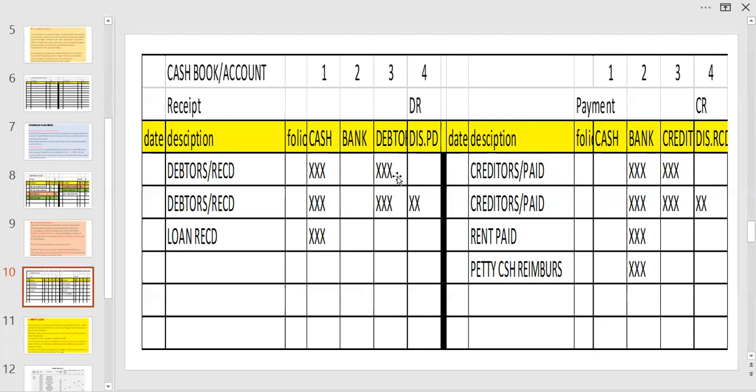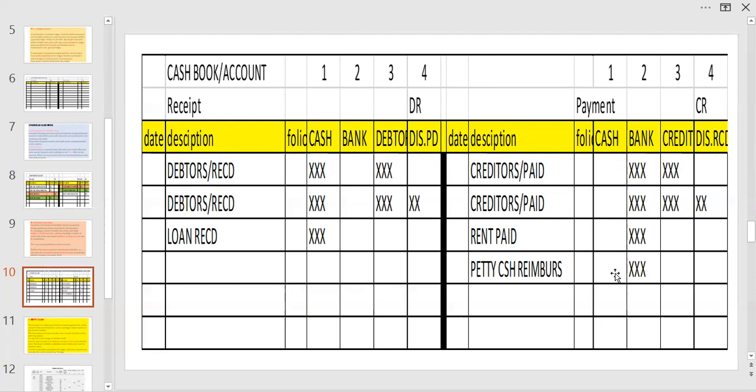Similarly, when you get cash from debtors, it is on the cash column plus the debtors column. If there is discount paid, that also will be entered there. Similarly for creditors also. Other than that, all other entries will be as usual between cash and bank columns only.